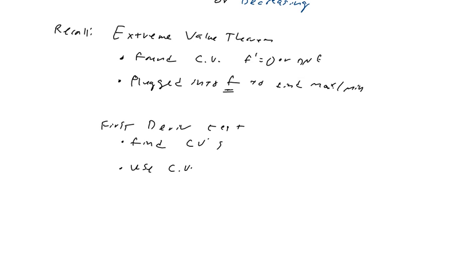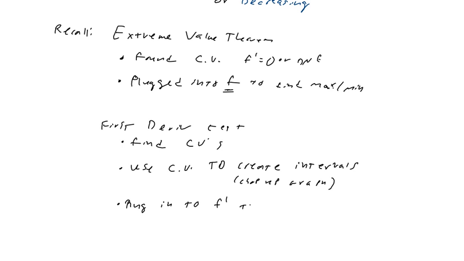Use the critical values to create intervals, chop up the graph, and then plug in to f prime to see if it's either positive or negative.